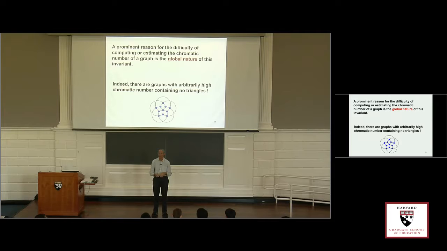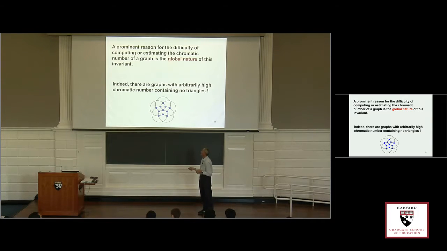So here is an example. This is what is called the Grötzsch graph. This is the smallest graph of chromatic number 4 which does not have triangles. It has 11 vertices, and it has chromatic number 4.